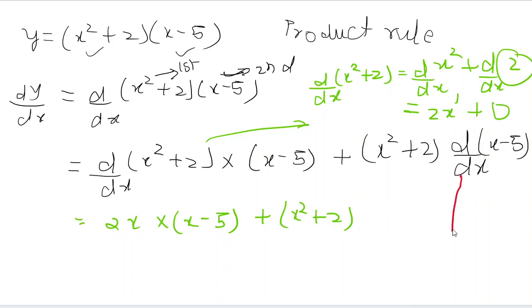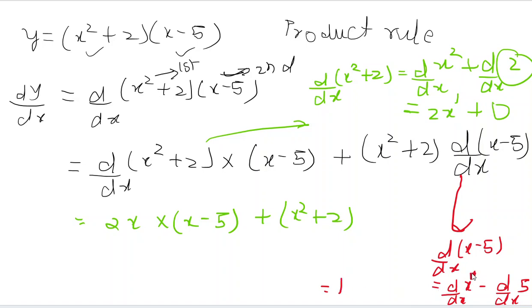So this part we take out and we say derivative of x minus 5. This will turn out to be d by dx of x minus d by dx of 5. The derivative of x is nothing but 1. Whenever there is nothing on top of x, it is understood that it is 1. So it's x raised to 1 minus 1, and the derivative of a number on its own is 0.